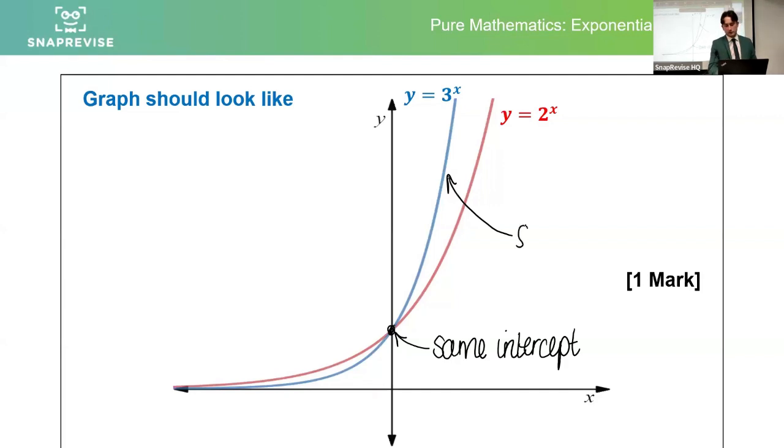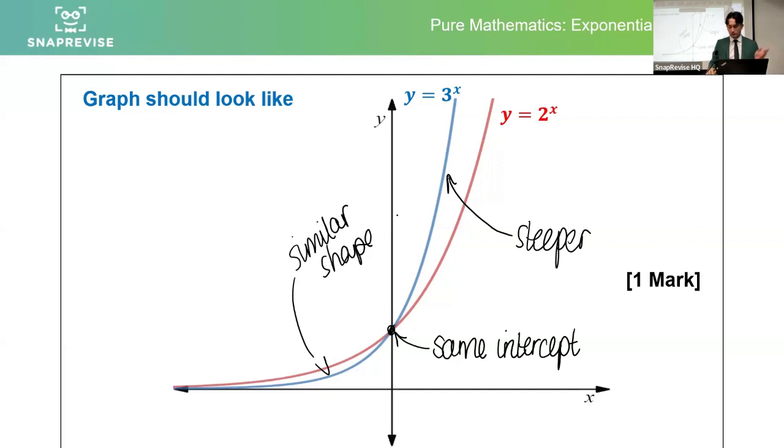It almost seems really straightforward that that's all they're looking for. It's not got to be like a computer. You're not going to be like a robot in how you've sketched it. It just needs to be accurate in that it's steeper, it shares the common features, and it's a similar shape with the correct same asymptote. And that'll get you the mark. Nice, 1 mark in the bag.